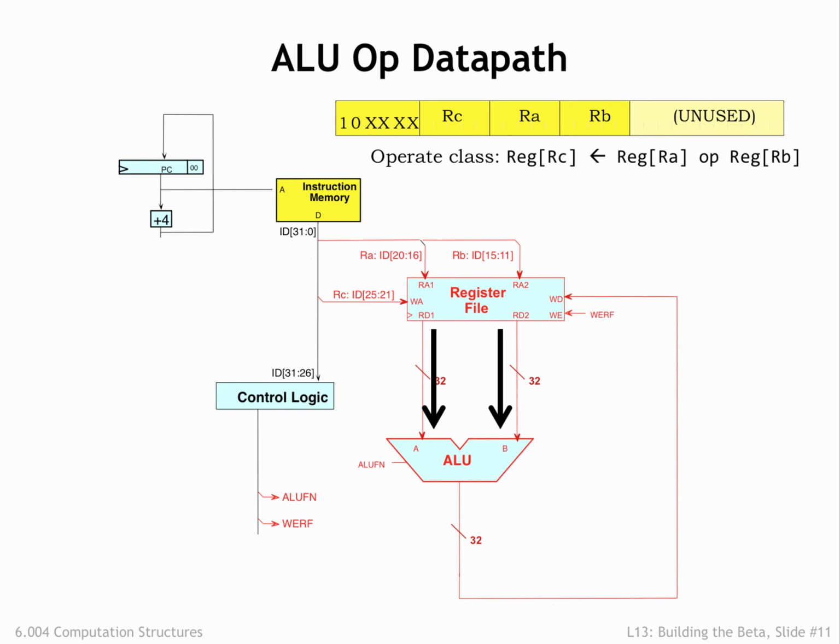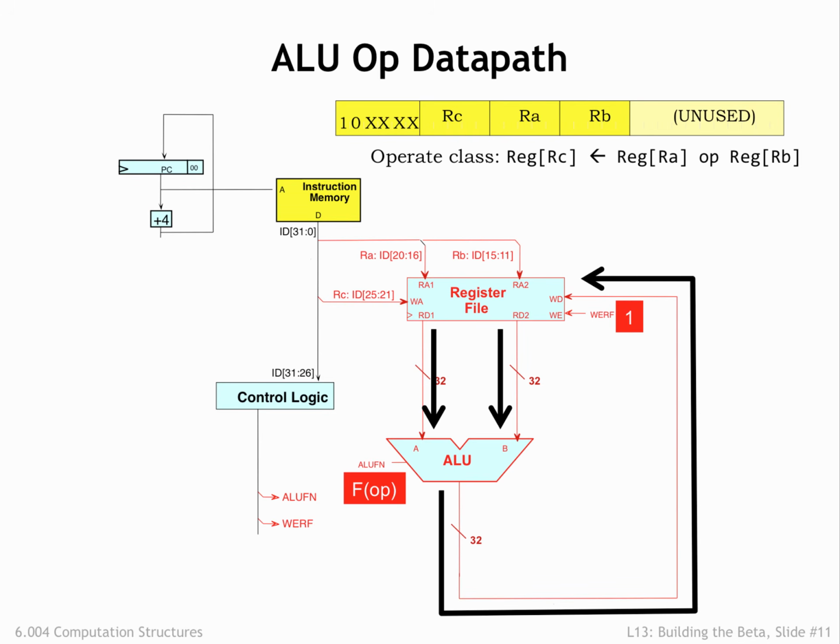After the instruction has been fetched, supplying the RA and RB instruction fields, the RA and RB register values appear on the read data ports of the register file. The control logic has decoded the opcode bits and supplied the appropriate ALU function code. You can find a listing of the possible function codes in the upper right-hand corner of the Beta diagram handout.